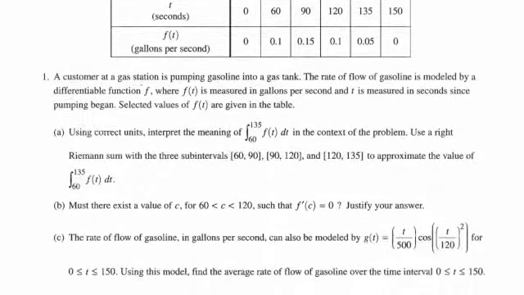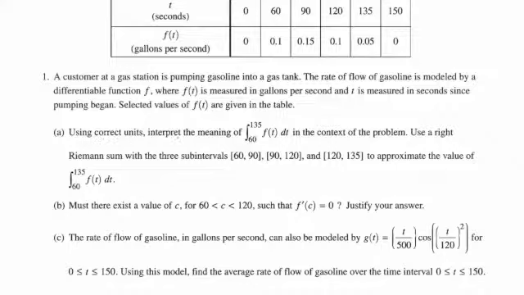It says a customer at a gas station is pumping gasoline into a gas tank. The rate of flow of gasoline is modeled by a differentiable function f, where f of t is measured in gallons per second and t is measured in seconds since pumping began. Selected values of f of t are given in the table.